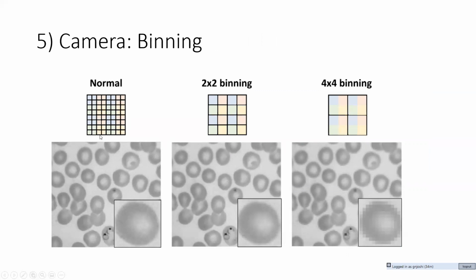Now, if you bin this by 2, these 4 pixels over here will become 1, and these 4 pixels over here will become 1. And this is exactly what you are seeing.